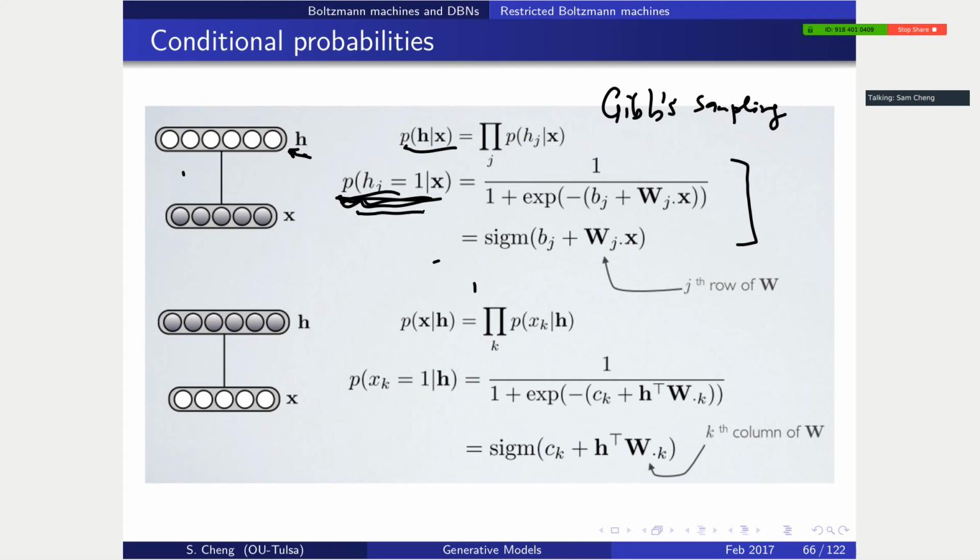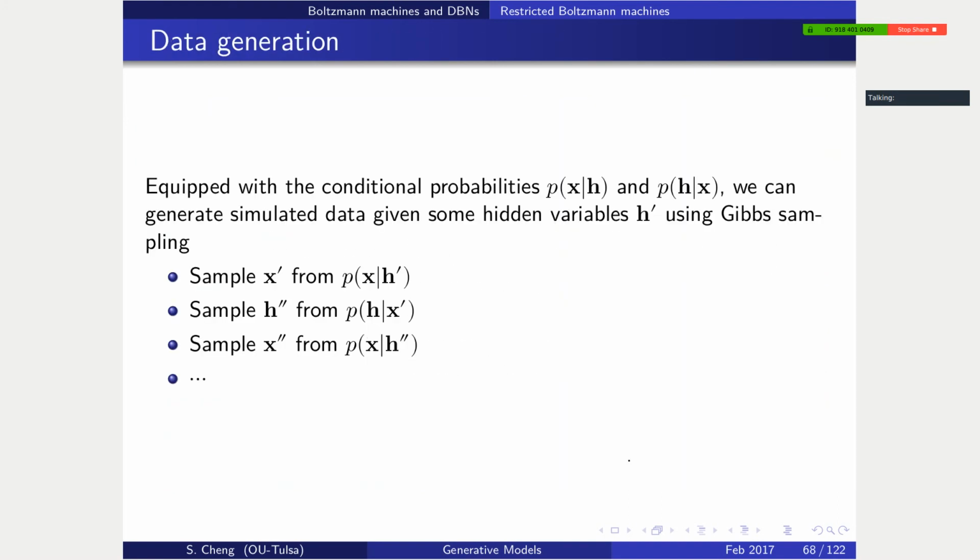We have h given x is equal to this guy. x given h is basically the same expression, just with this flipped a little bit. And as I said, when I have data generation, I can just use this kind of sampling. I sample for the x layer.